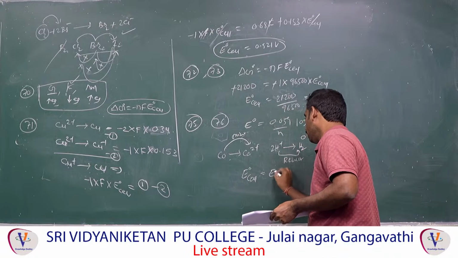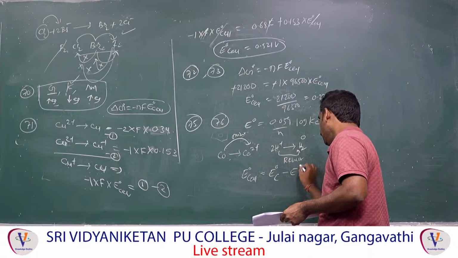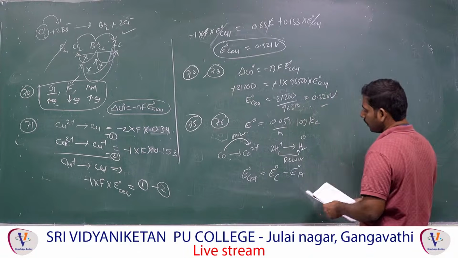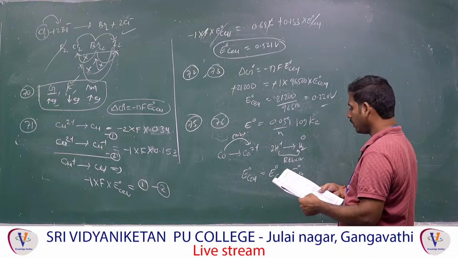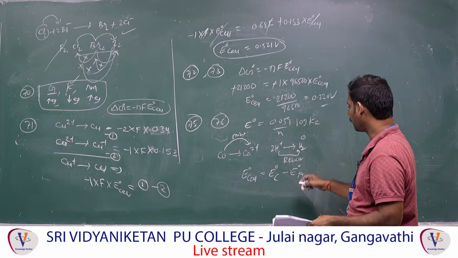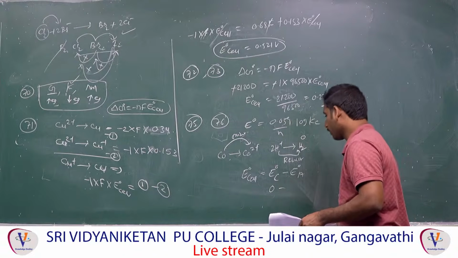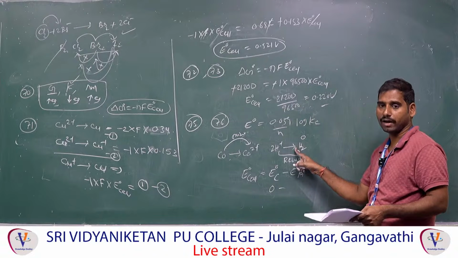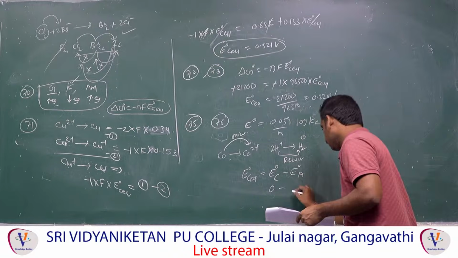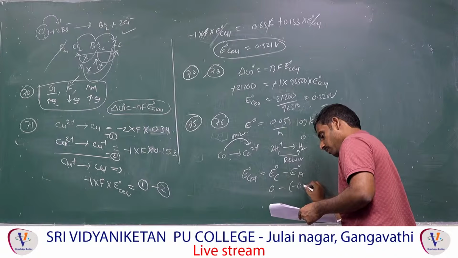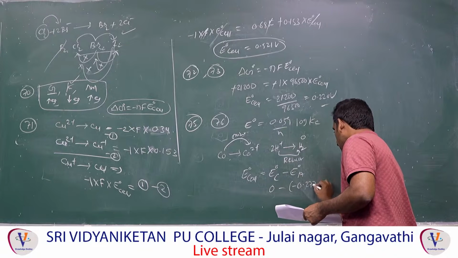E naught cell is equal to E naught of cathode minus E naught of anode. What is the cathode here? Cathode is hydrogen. E naught of cathode is the hydrogen value 0 because SHE is the standard reduction potential. E naught of anode, how much are they given? Minus of 0.277.